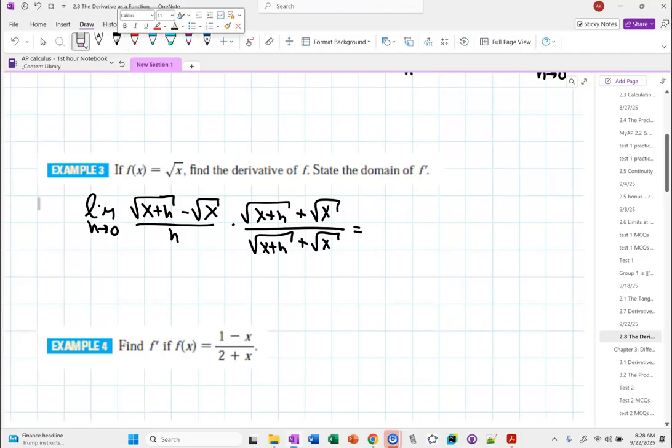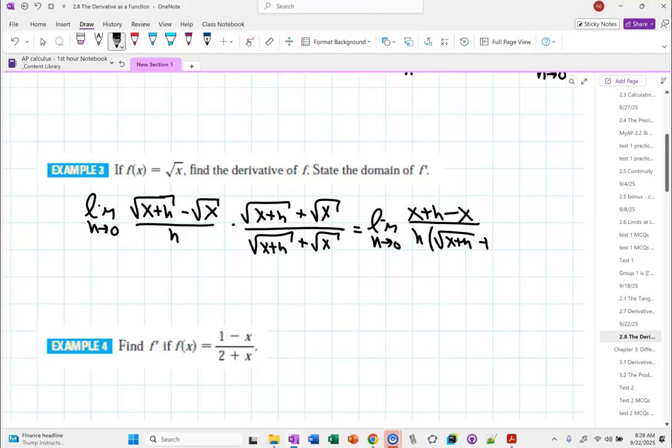Oops. Let me first do this. We happy with that? So we simplify. I notice the plus x minus x cancel each other out. And then the h reduces.